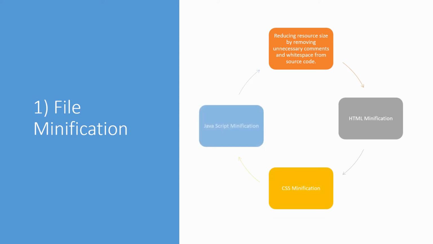Sometimes the developer may use comments and white spaces for their understanding, but the browser doesn't need to read those comments and white spaces. So we want to minify the file. You have to do HTML minification, CSS minification, and JavaScript minification.